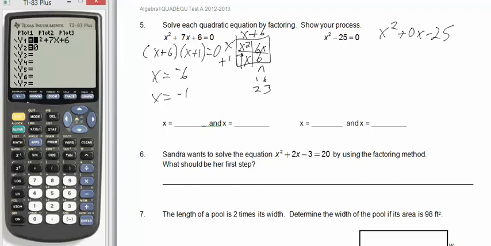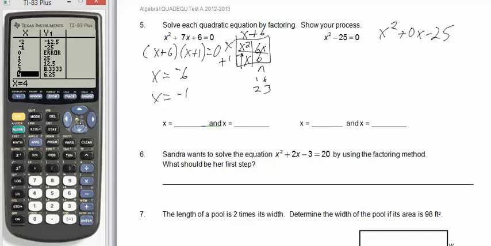So my factors of 25, if you need a calculator, 25 divided by x, or 1 and 25 and 5 and 5. So which one of those add together, or excuse me, subtract, because that's negative, to 0? All right, so that's x plus 5 and x minus 5. Because this is negative, these signs need to be different.